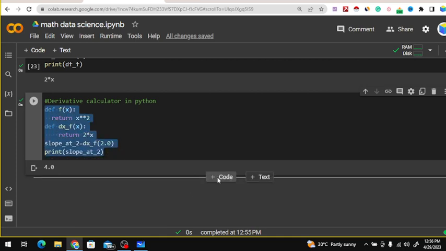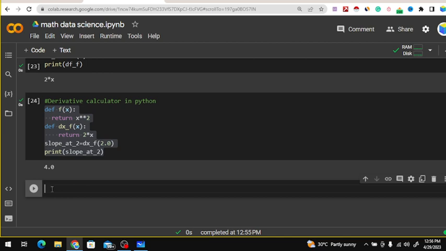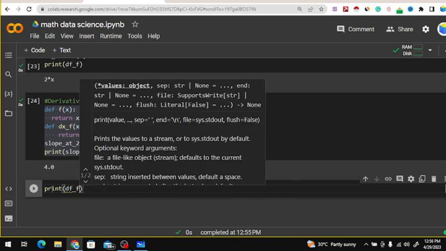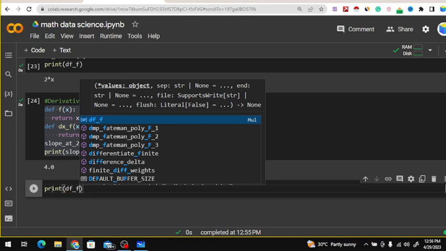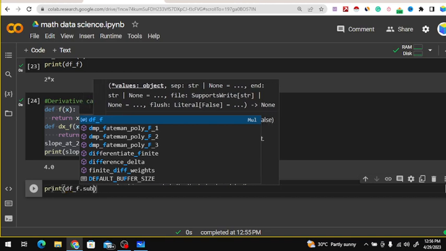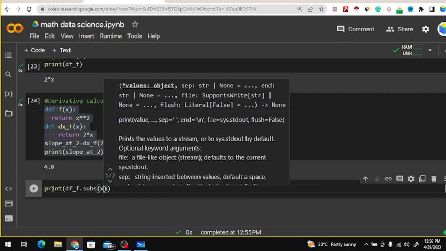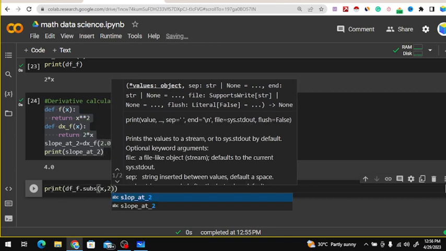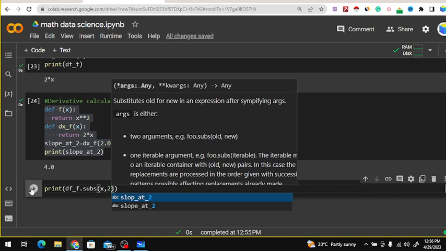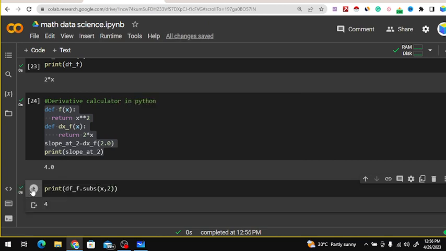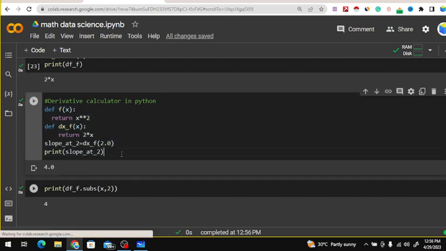Otherwise we can also write this: print df_f function dot subs, x and 2 here. It's the subs function. Let's see, we have gotten this. So I hope it's clear till here.